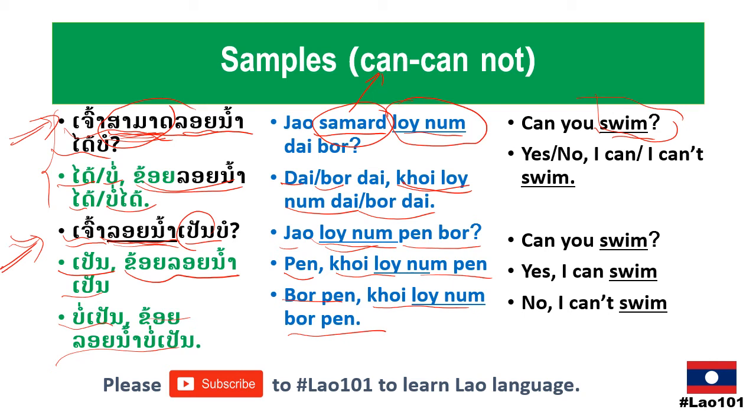You can also say บ่ได้, ข่อยสามารถลอยน้ำได้บ่, ข่อยบ่สามารถลอยน้ำได้. People will understand you, but it's just not commonly said when asking about skills.